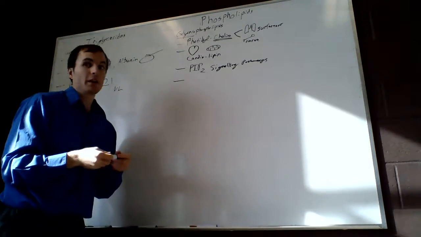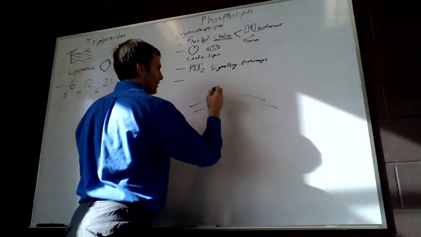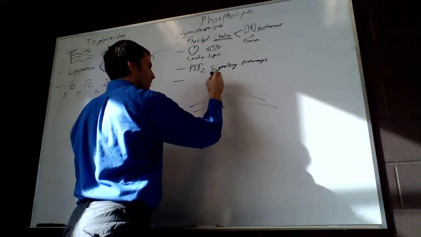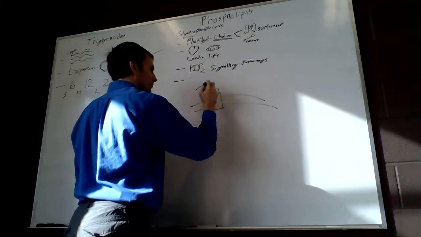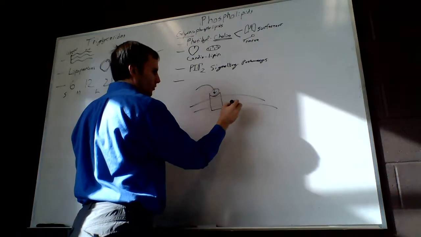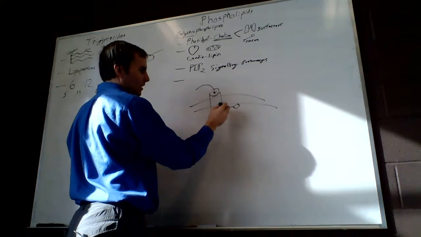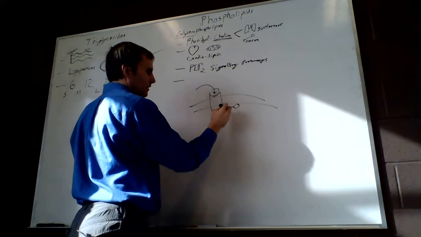So really briefly, just for a review on that pathway, here is the membrane. Here is a receptor. Something binds to the receptor, and then that receptor gets turned on, and it pulls a G protein over next to it. The G protein gets activated because then it gets a new GTP.